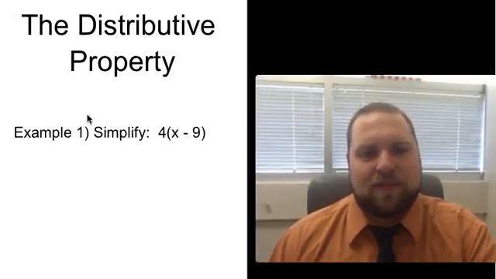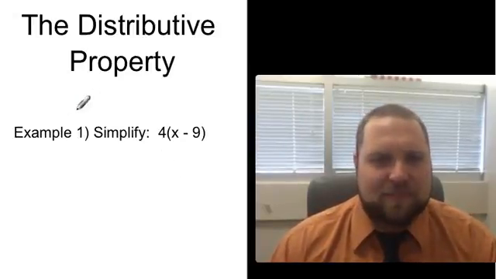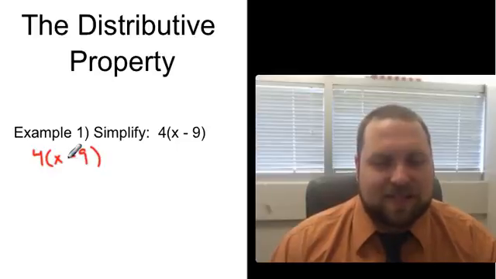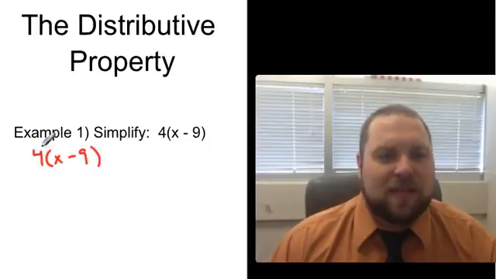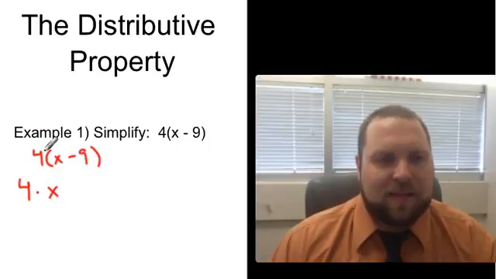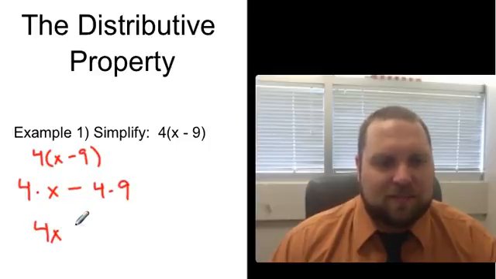For example, this expression, 4 times x minus 9. This expression does contain a variable, and I'll never know what that variable is. It's not an equation. I can't solve it to figure out what the variable is, but I sure can take that 4 and multiply it by the x, and then I can take the 4 and multiply it by the 9 with that subtraction sign still there. 4 times x I just write as 4x. 4 times 9 would be 36.